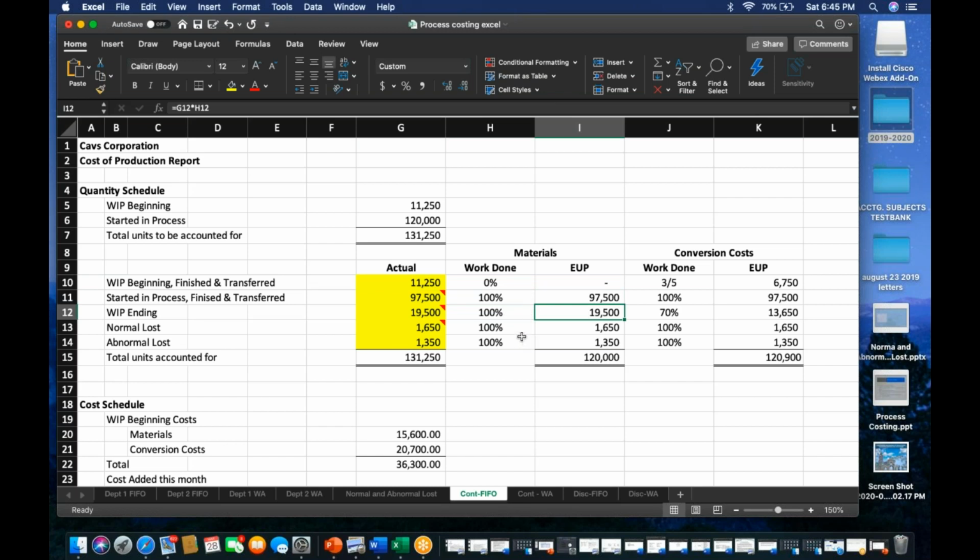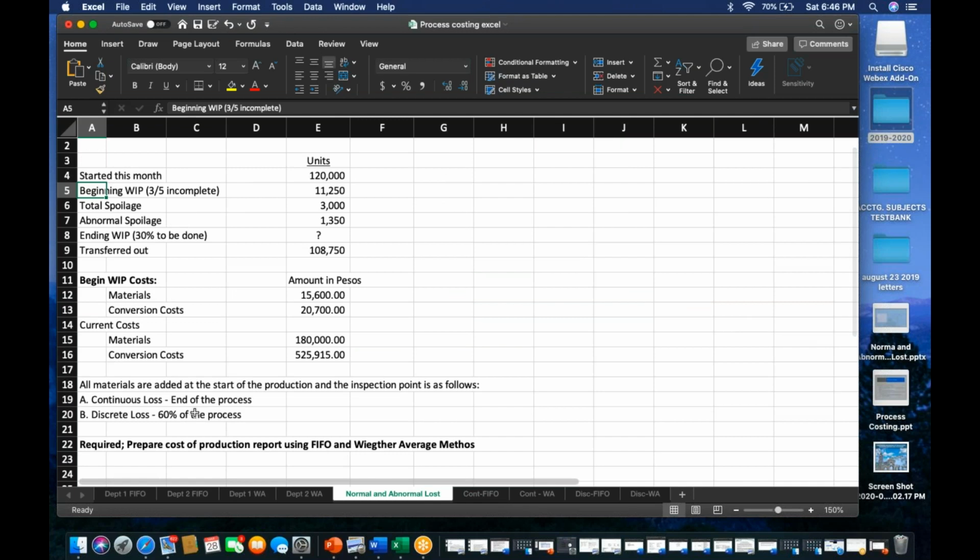Okay, let's go to the lost units. Sa continuous loss, ang given natin, end of the process. Let me just confirm. Yes, end of the process.